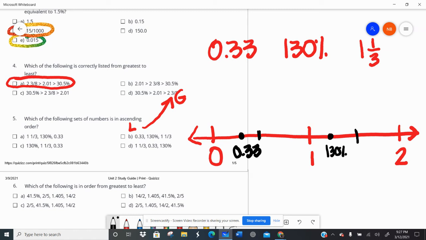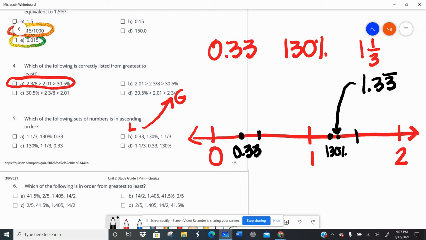Now, 1 1/3. Remember that 1/3, we solved this one before. 1/3 is 0.33 repeating. So I think to myself, is that on the right of the 130%? Is it bigger? Or is it on the left of 130%? Well, 1.33 would be 133%. So that would be on the right over here, but pretty close to our last number. So I have them ordered about where I think they should be.